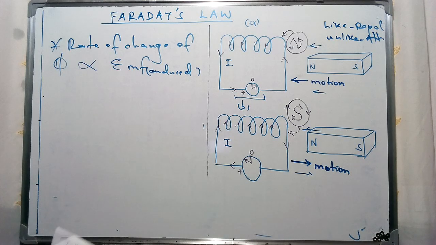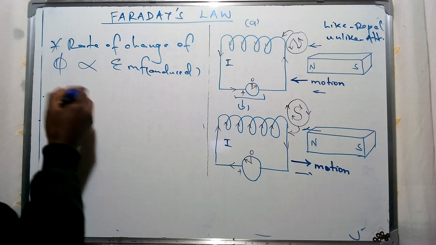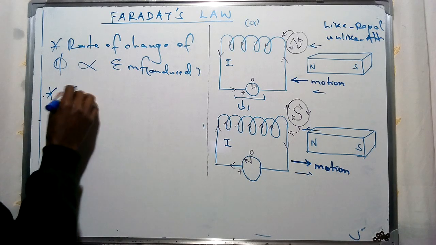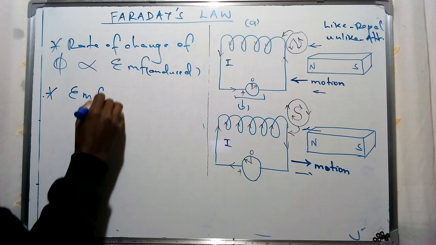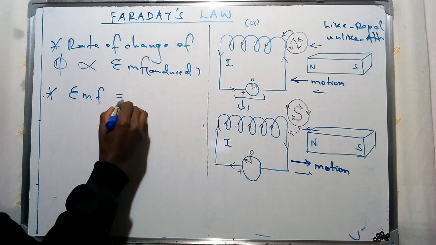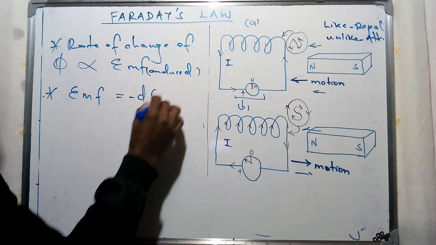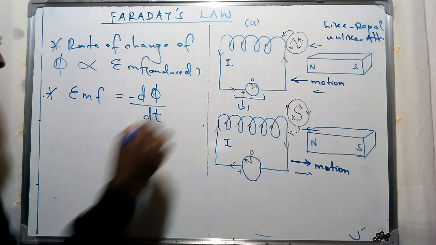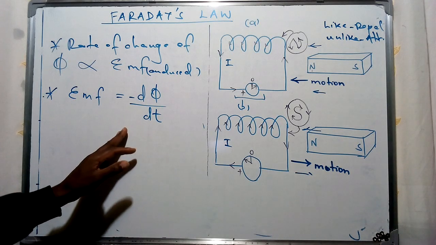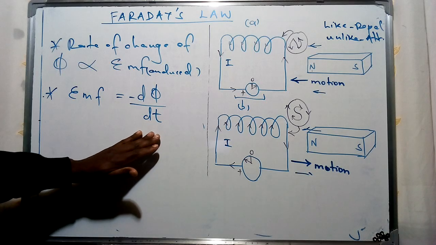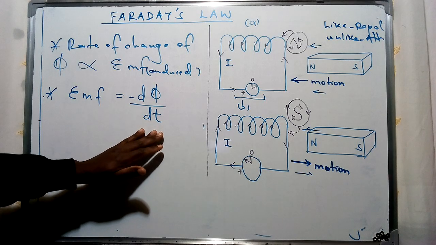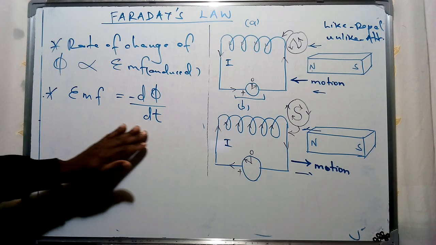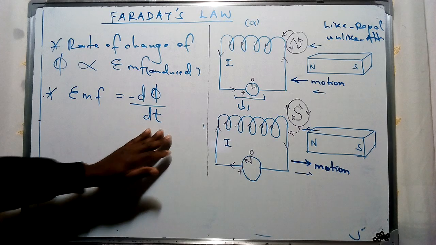In order to help us interpret this law, we are going to do a small analysis and see some of the relationships. We can give this in terms of an equation whereby the electromotive force is equal to negative dΦ over dt. This gives the induced electromotive force, which is directly proportional to the rate of change of magnetic flux.